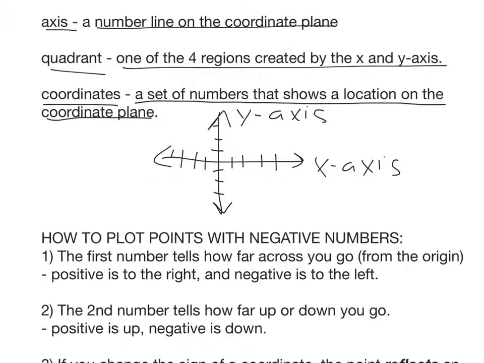Okay, now that separates your graph into four regions, and the regions are region 1, right here, region 2, right here, region 3, right here, and region 4 right here. Those are called quadrants.